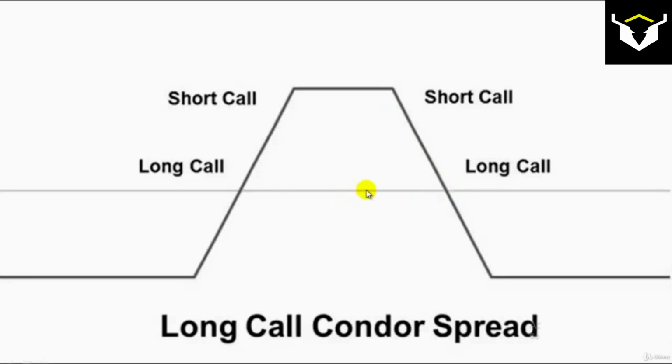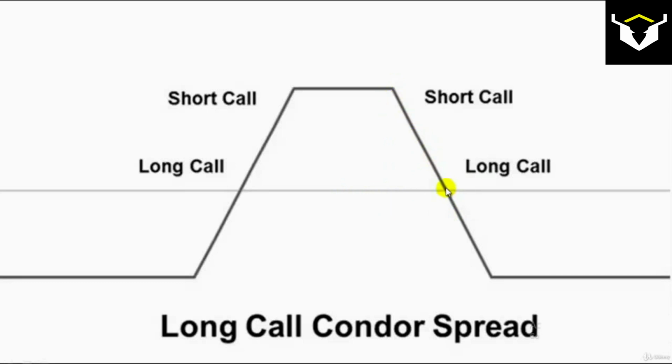As long as the price continues to stay within these strike prices, the short calls will generate positive theta and will generate profit. The long calls will generate negative theta and will generate loss, but the profit from the short calls will be greater than the losses from the long calls, and the trader will have a net profit position. But if the market was to go beyond this short call, the trader will start generating loss. You can see the line coming down at this point.